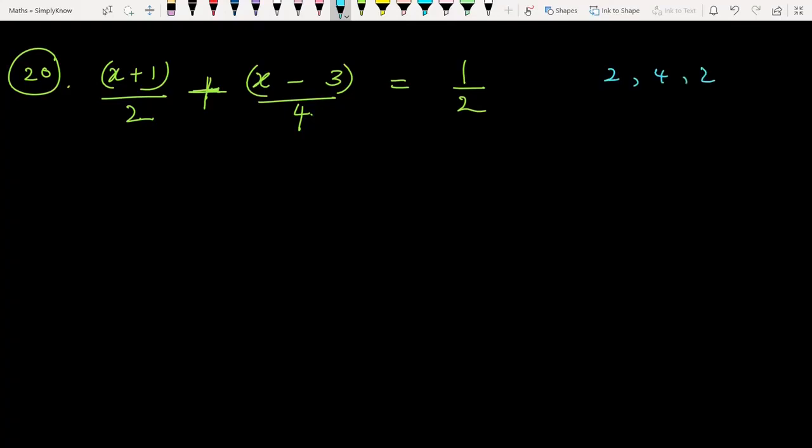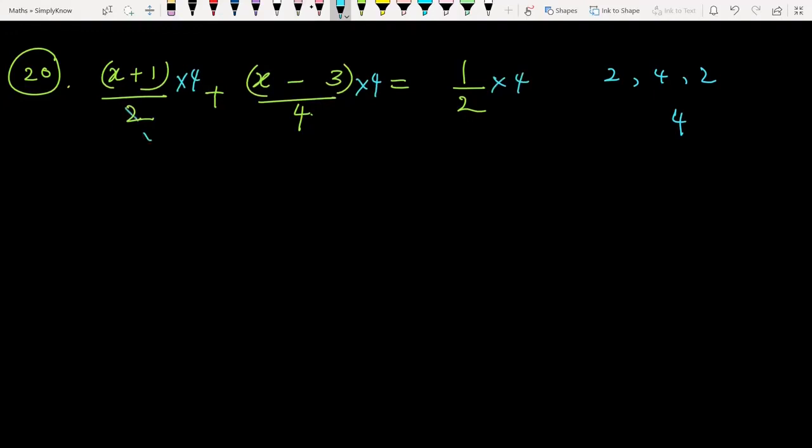We know that it's 4. Then what we do is we multiply each term by 4, and we get rid of the denominator in each fraction. Like this. Then we can cross simplify.